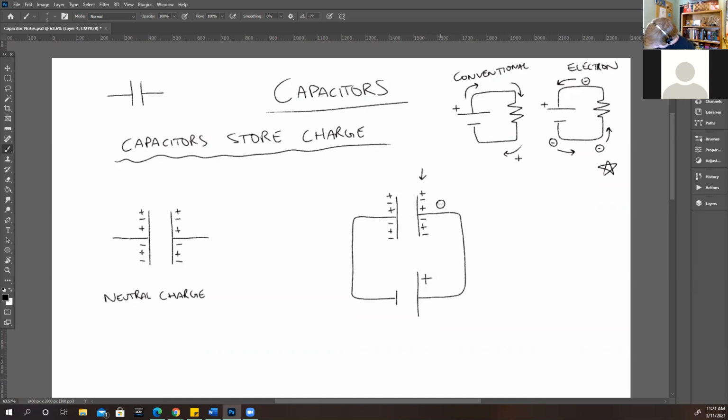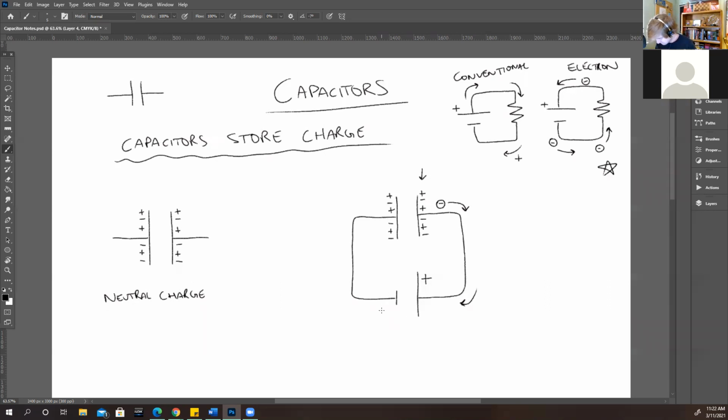So the electrons on the plate begin to move outward to the positive side of the battery, and they'll go all the way to the battery. At the same time, one electron will reach the battery, and there has to be a conservation of charge happening in this battery.